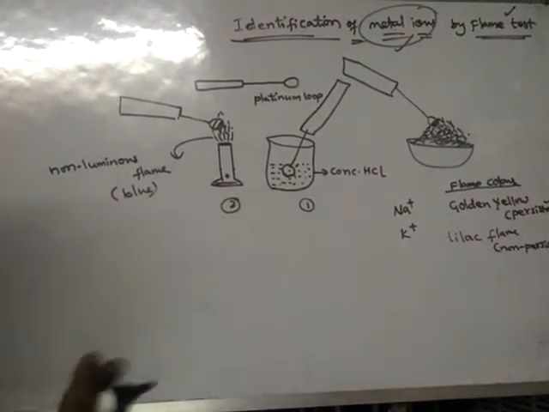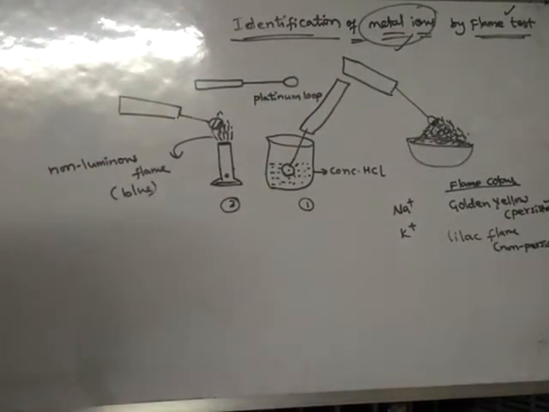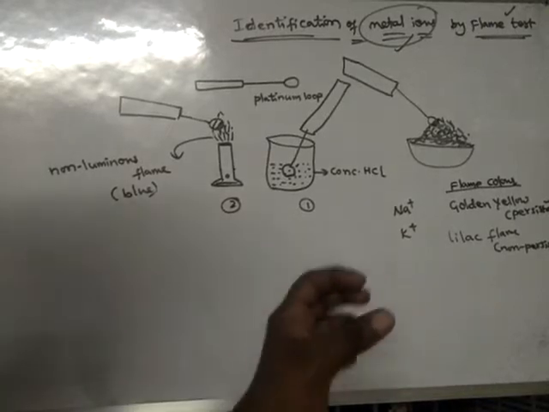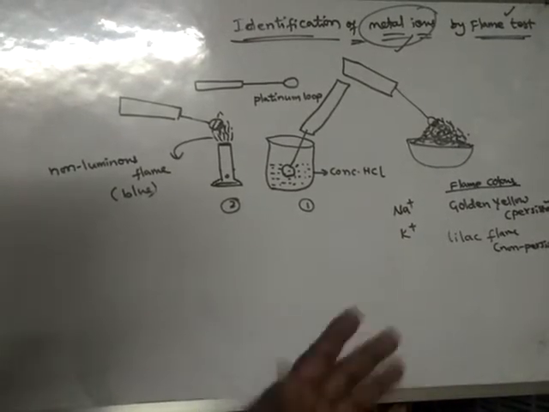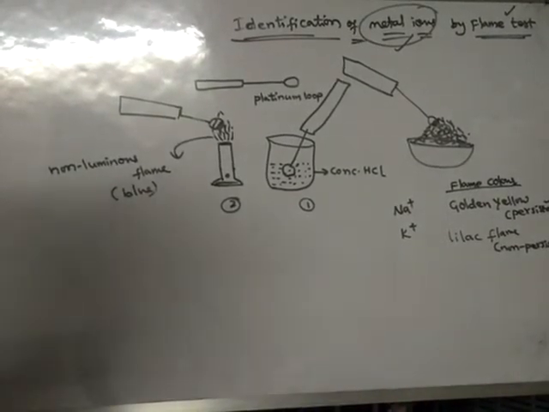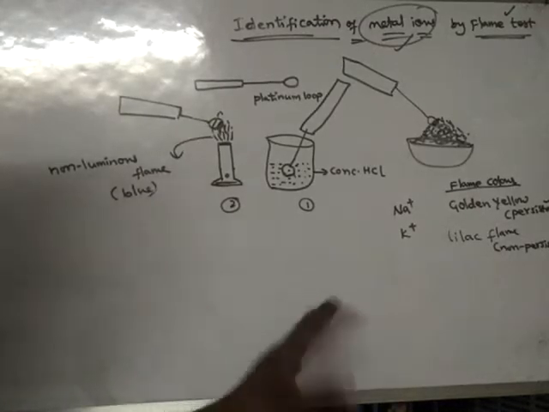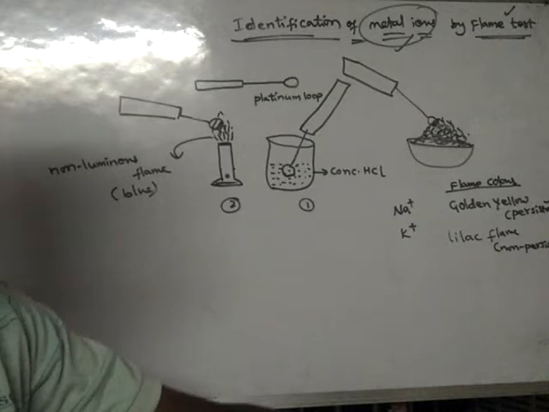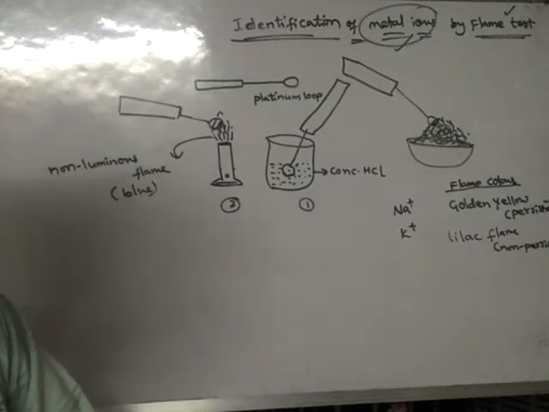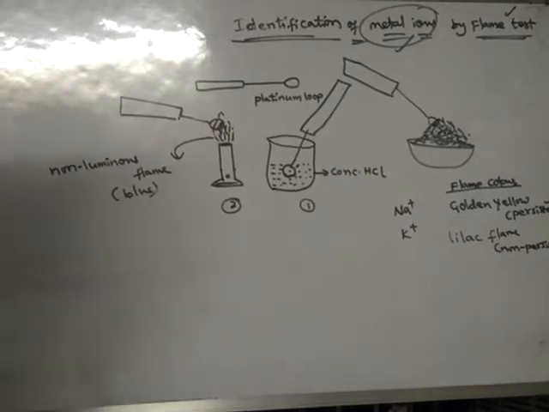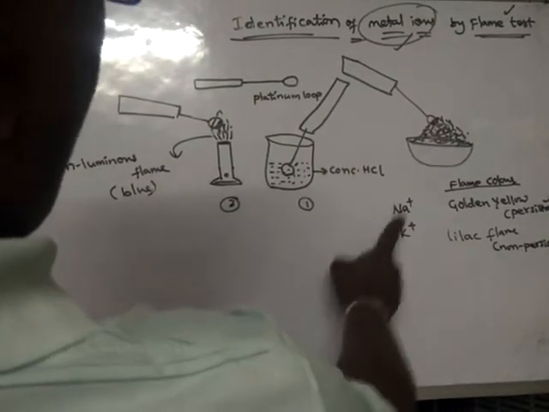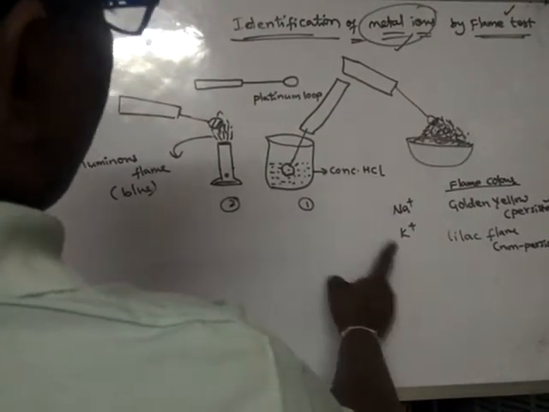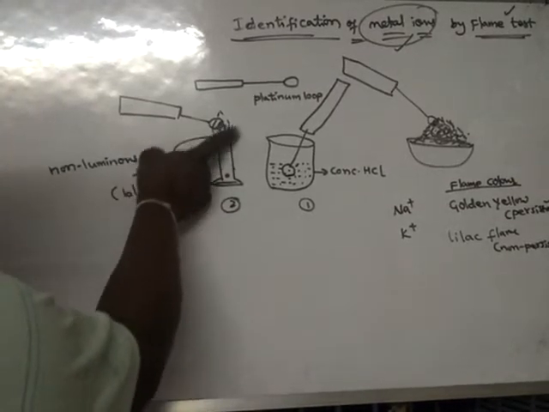That means the color will change, from pink to red to lilac. Lilac is like a violet color. So it will keep on changing its color, with very slight changes. So if potassium ion is present in the compound, the flame will produce a lilac color.